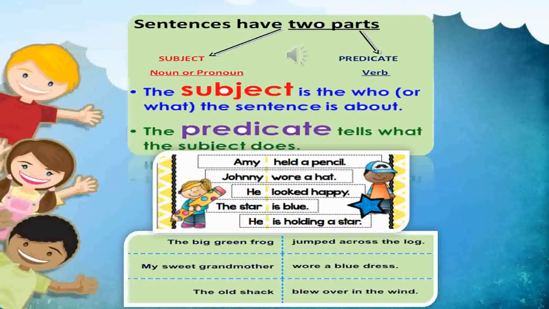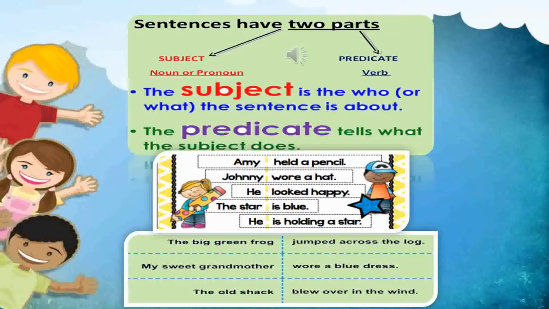Generally, each sentence can be divided into two parts: subject and predicate. The subject is the who or what the sentence is about, which means if we ask the question who or what about the given sentence, the answer will be the subject of that sentence.